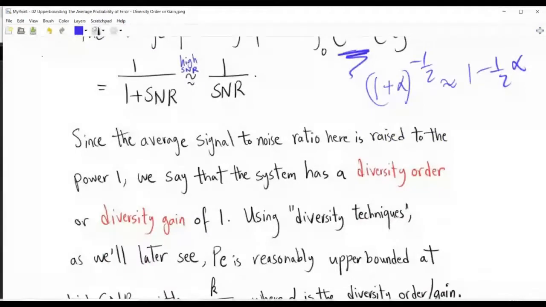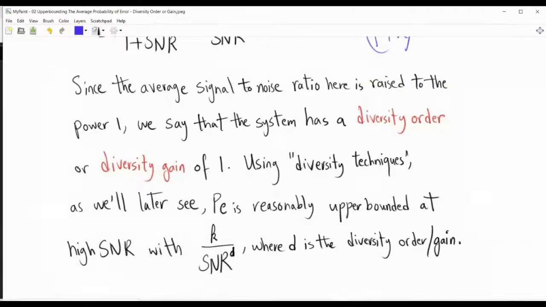Now, in systems with multipath fading, like our system, typically the average probability of error will appear in this form: some constant divided by the SNR raised to the power d.